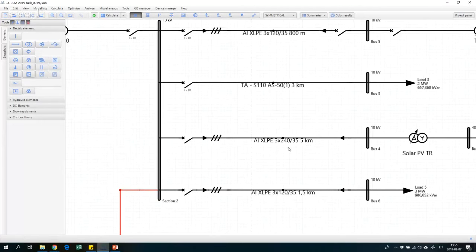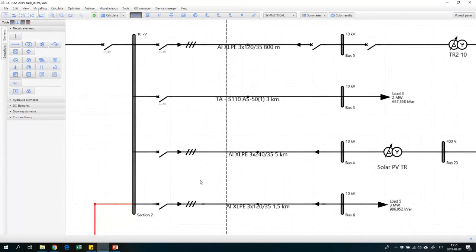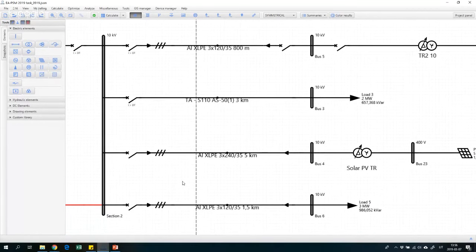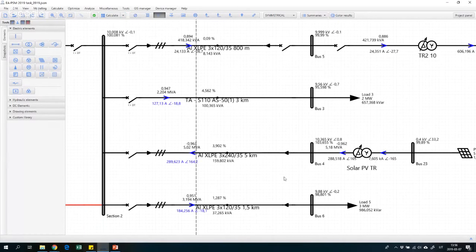First of all, we need to analyze voltage drops in cables, and also how our solar power plant will affect voltage in the substation sections. To do this, we will use power flow calculations. So first of all, let's calculate power flows.